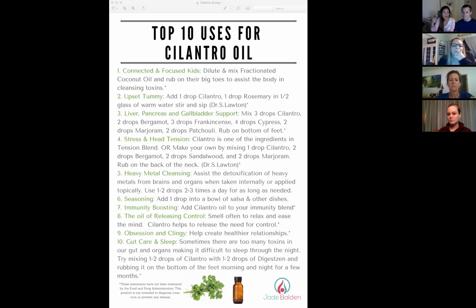But if it doesn't work for you, it doesn't mean there's something wrong with you. It just means that your pain pathway is different, that your root cause is different. So with past tense, you can also make your own version of it. So cilantro, bergamot, sandalwood, marjoram. It's very good for pain, very good.